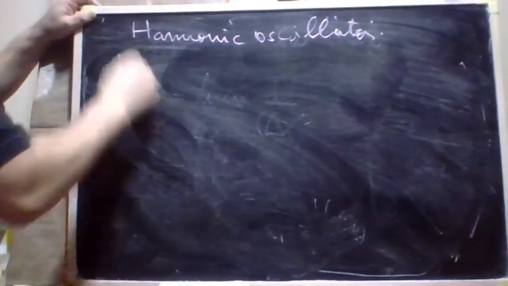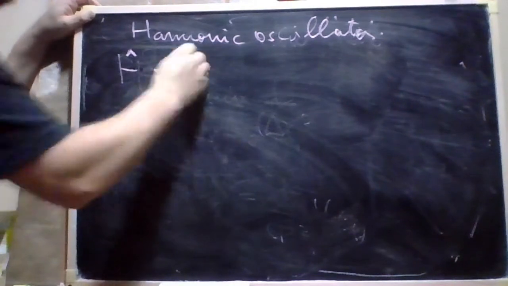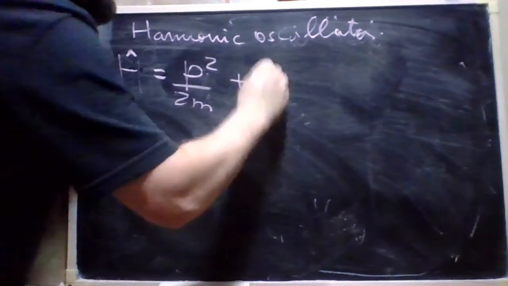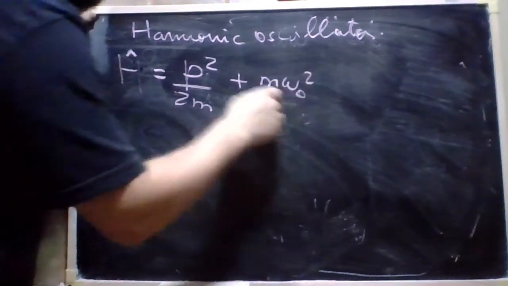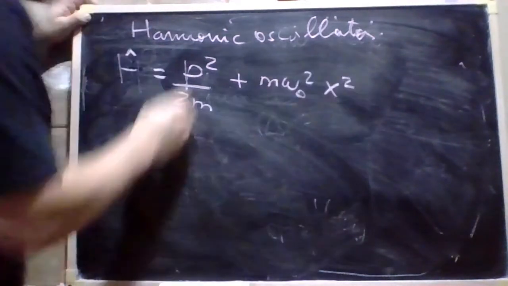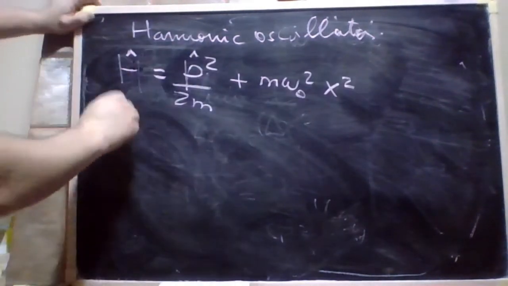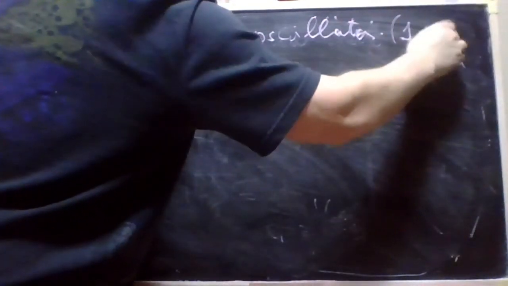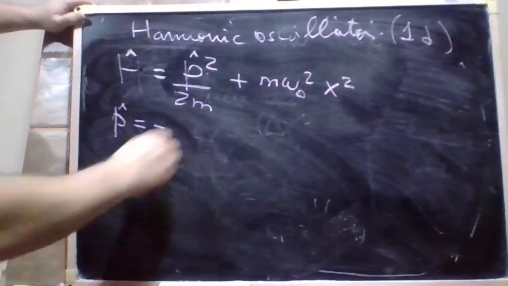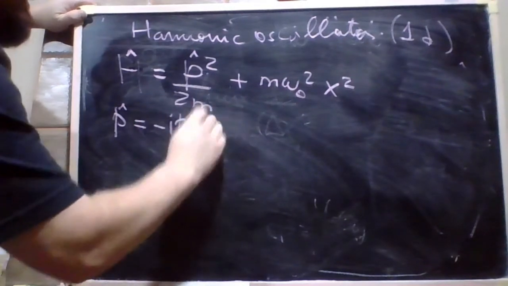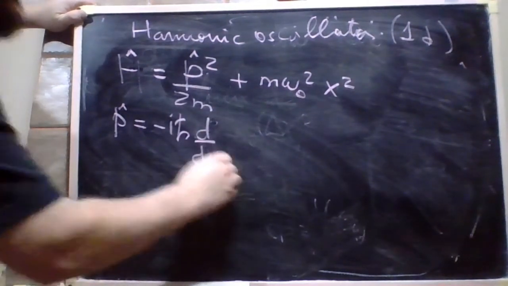It has a Hamiltonian of this form: momentum squared divided by twice the mass plus m, the mass, times the natural frequency squared, times x squared. These are replaced by a momentum operator, which in one space dimension, I'll call the 1D problem, is just minus i h bar, the derivative with respect to the variable x.